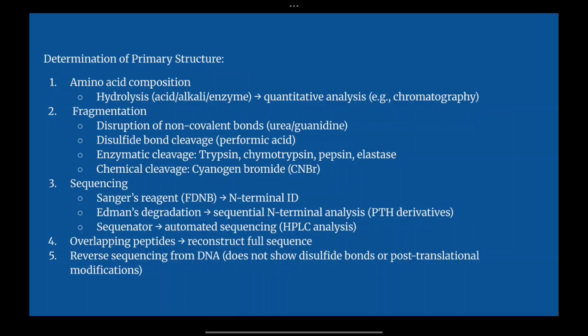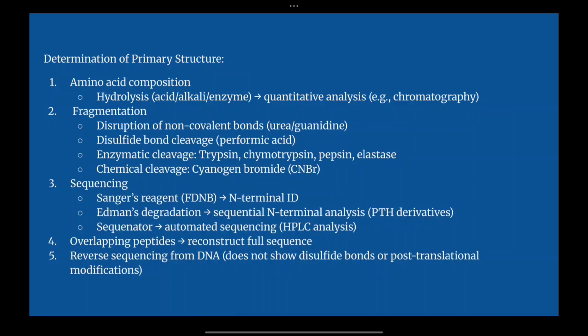Now the other technique used is fragmentation. Here the non-covalent bonds present in the protein are broken down, and urea or guanidine is obtained as a product.